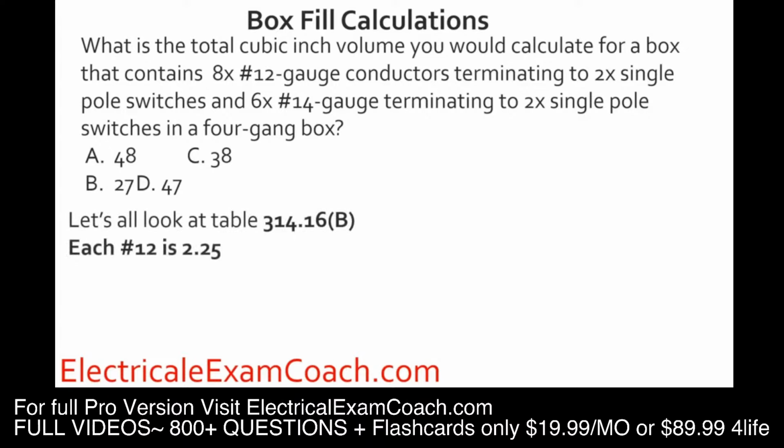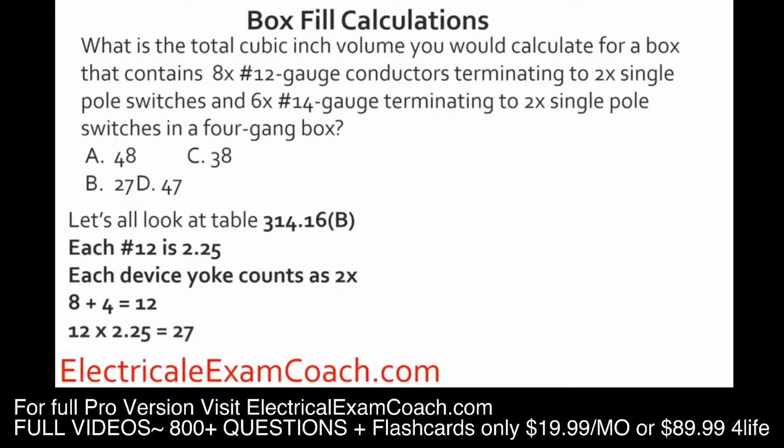We know what each 12 is, and we know that each device yoke counts as 2 based off the largest wire that's terminating to the device. Let's go ahead and deal with our 12s. We know that we have 8 conductors and 2 devices for those 12s, so each one of those devices counts as 2 more, giving us a total of 12 12-gauge conductors. We take and bear the math out, and we end up with 27 cubic inches.